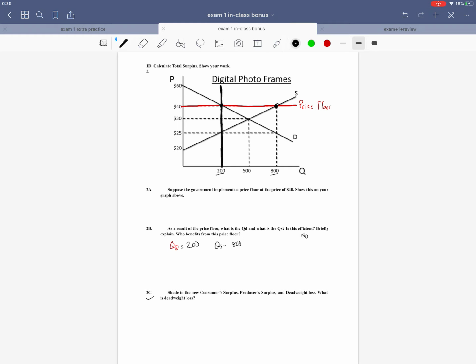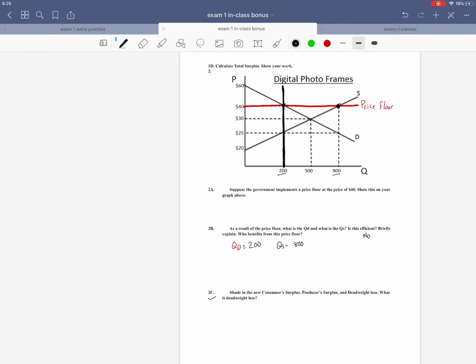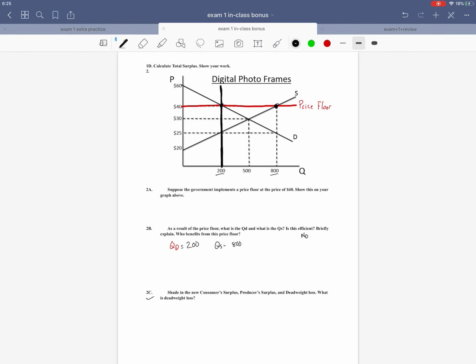So now that we've established that, let's go and find our consumer surplus and our producer surplus. We said that consumer surplus is going to be the area below the demand curve and above the market price. The market price is $40, and remember, it's not going past this 200. So this area right here represents our consumer surplus with this price floor being implemented in the market.